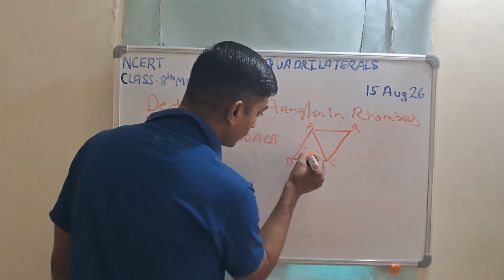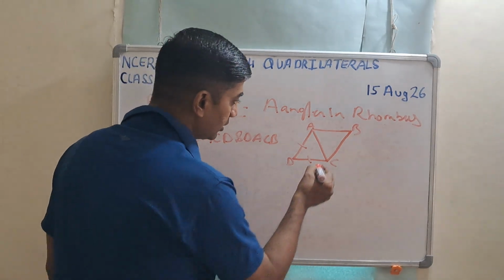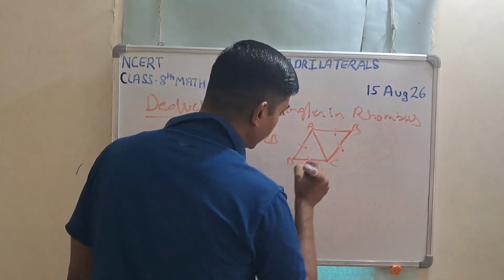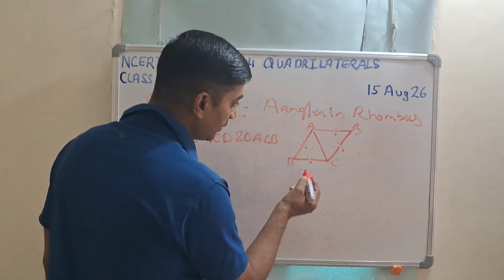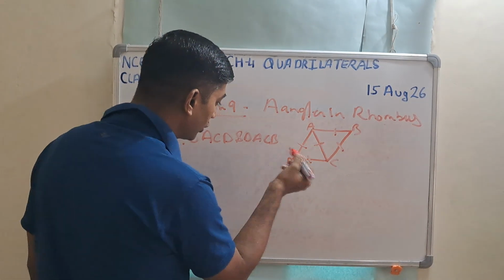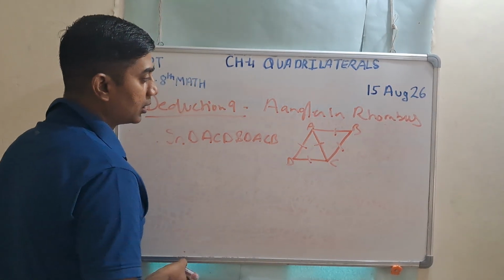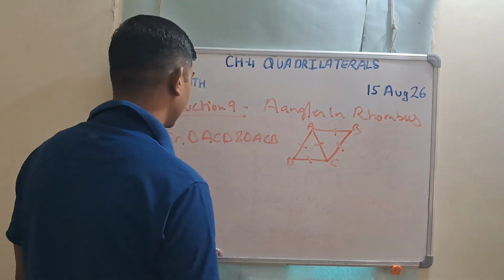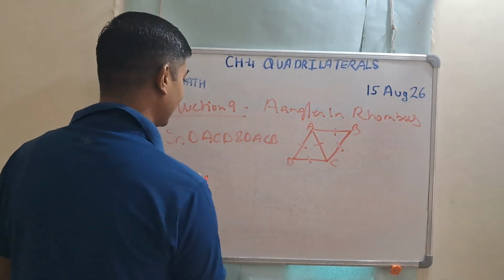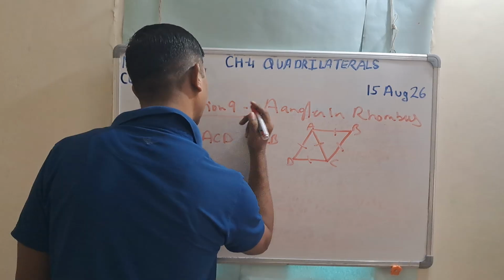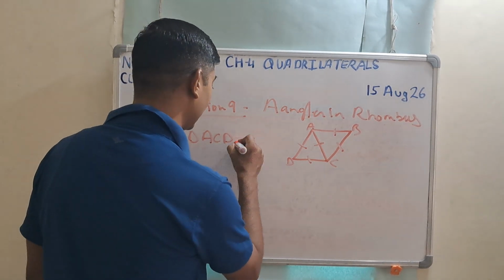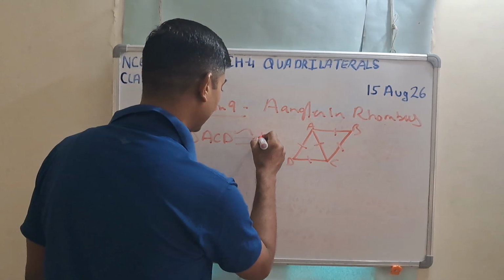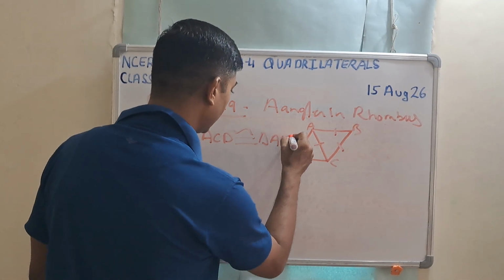So this side is equal to this side, and this side is equal to this side, and all the sides are equal. And this side is common, so both triangles are congruent. Understood? Both triangles are congruent, or we can write it directly here. This is not a difficult task to write here again. So triangle ACD is congruent to triangle ACB, right?